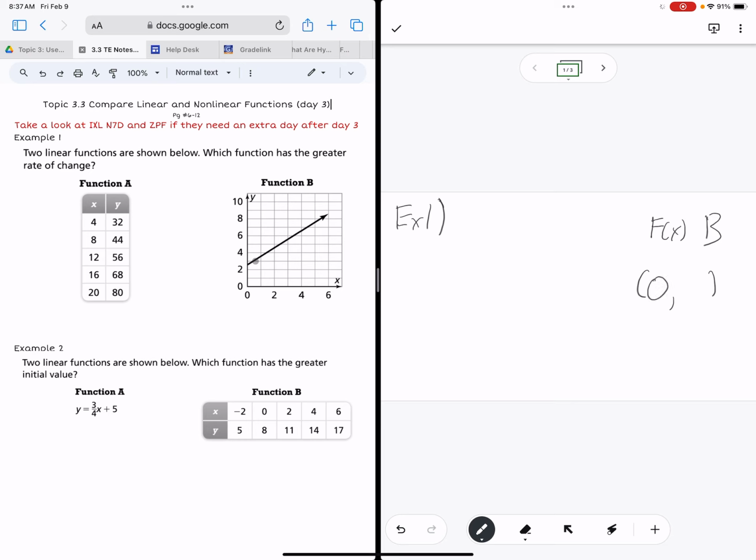So what is the y-intercept, at 0, comma? What's the y-intercept of function b, Sophia? Are there no better points than that? Oh, no, let's use a different point.